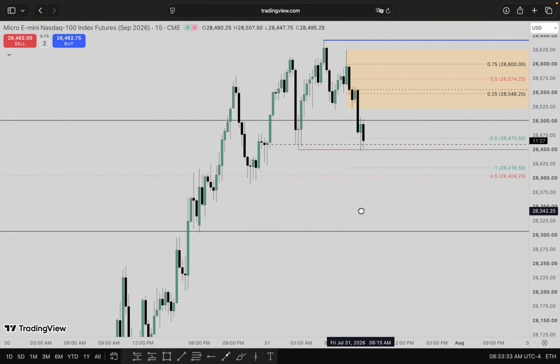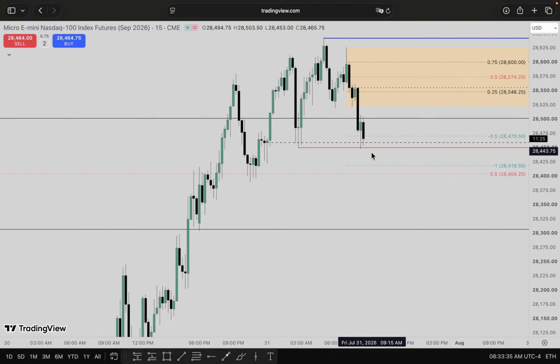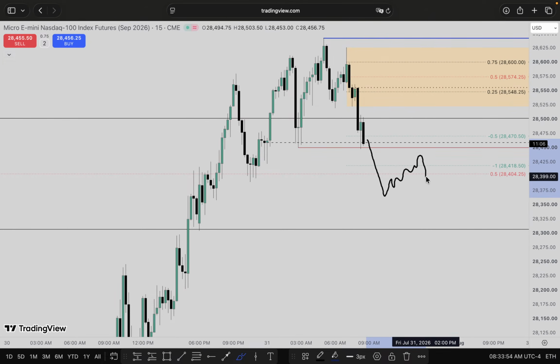But if we don't want to reach that, and then we get below here, and then we start using this upper half as resistance, meaning that we don't want to push up anymore, like higher. So if we're doing something like this, and then ranging, and then showing a 1, 2, 3 with some displacement, then more than likely we're going to try to run for this low.